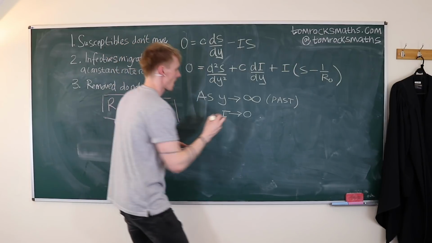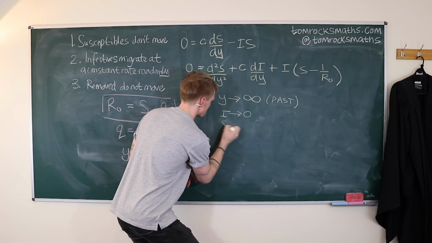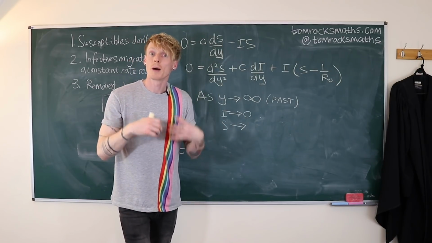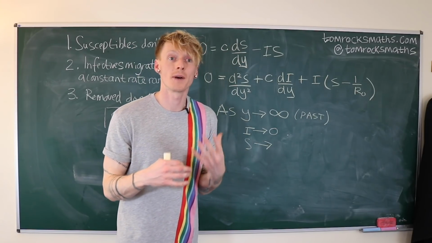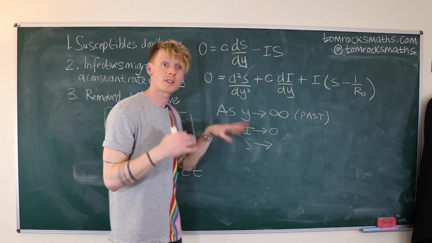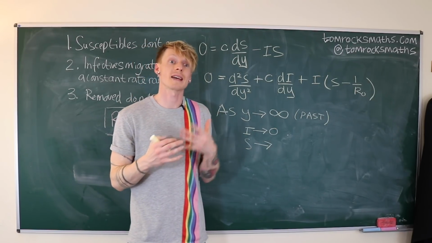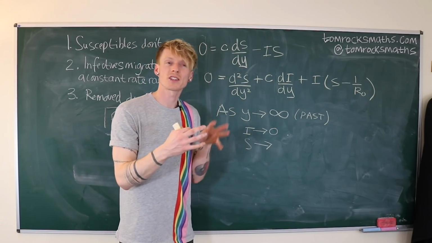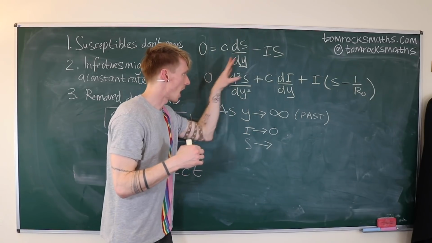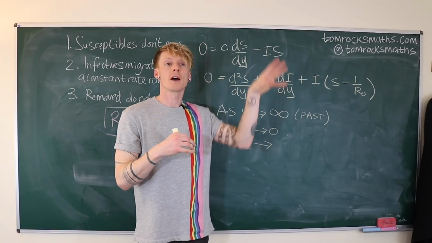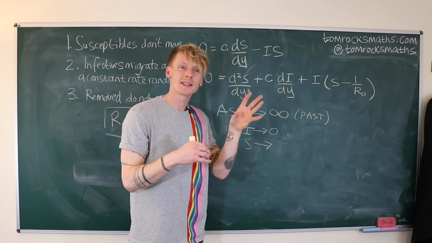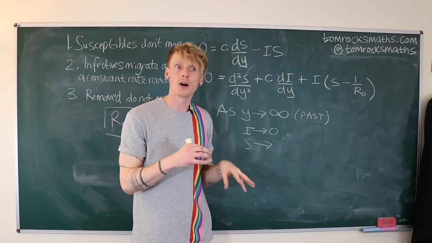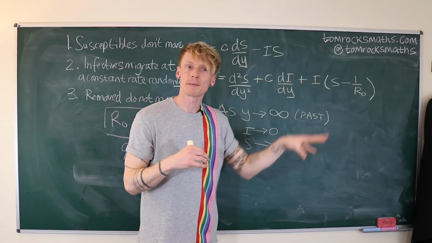And we also have that the susceptibles, S, must go to the initial susceptible population. In the first SIR model that we looked at, this initial susceptible population we labeled S0. But since we've done a non-dimensionalization, what we've actually done is convert S, I, and R from being full population numbers into now being population ratios, or the proportions of a specific given population.